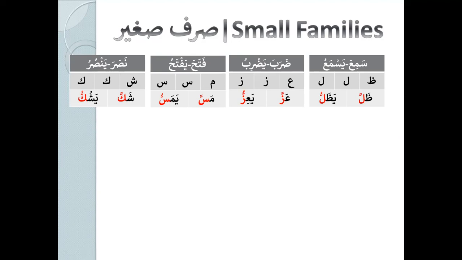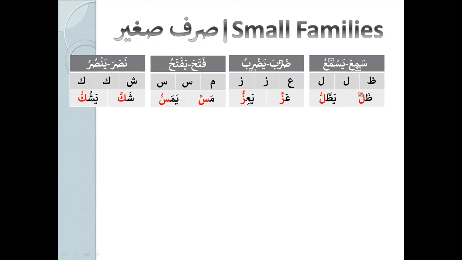Similarly, as I've explained, in Daraba, Yadribu, and Azza, you can see Azza. Again, the last root letter's fatha of Madi was transferred to the second root letter and it became Azza.